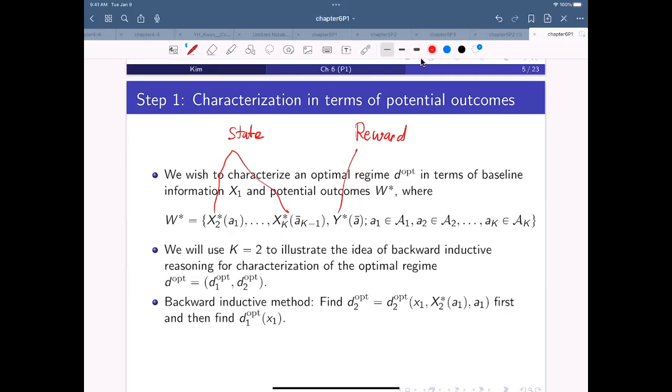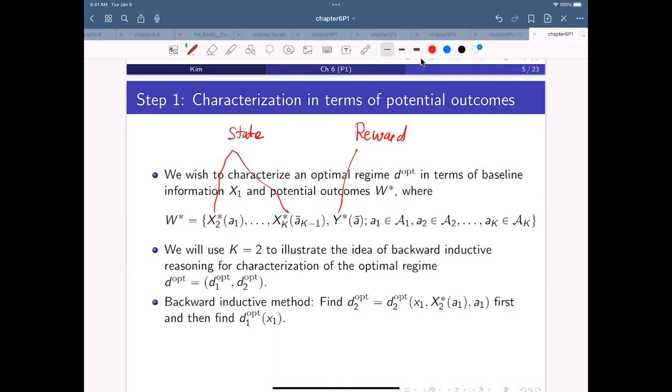It's the same concept, where y plays the role of evaluating your utility, in the sense that you make the decision based on the expected reward.